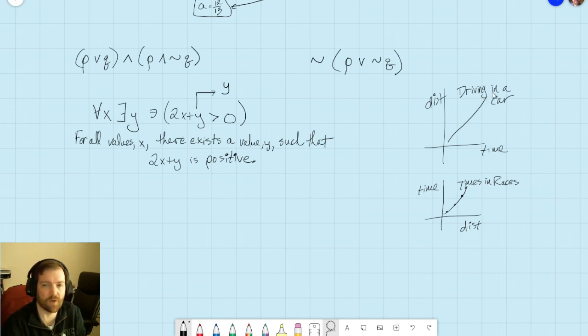But at the same time, the distance that they have traveled in one race will depend upon the time that they have spent running in that race. Maybe I'm being a jerk here by using the exact same words for both of these, but it kind of does depend on how you frame it.